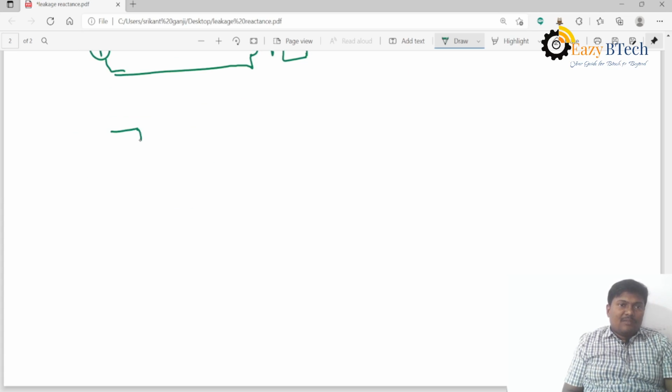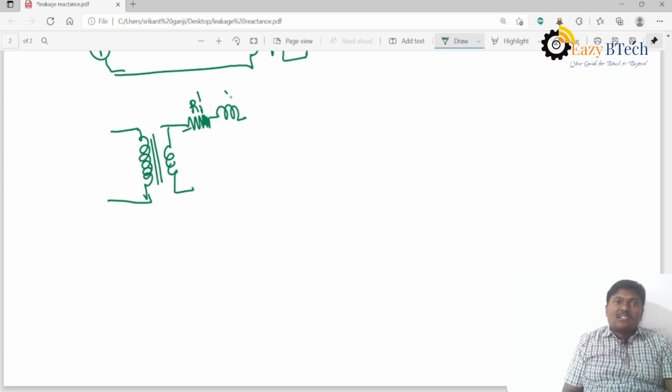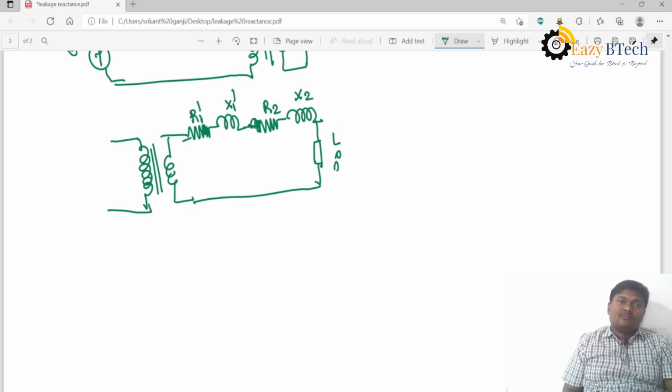If the primary side parameters are shifted to the secondary side, this is R1 dash, the leakage reactance is X1 dash, and the resistance of the secondary is R2, leakage reactance is X2. This is I2 and I1.